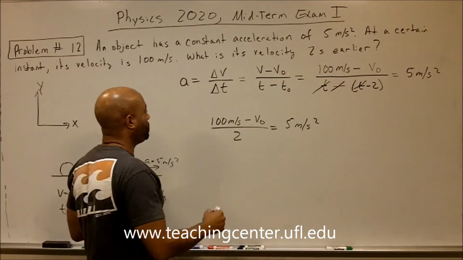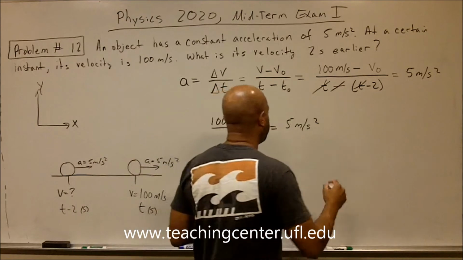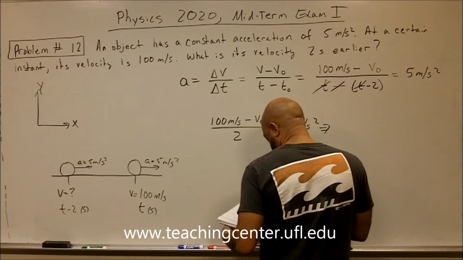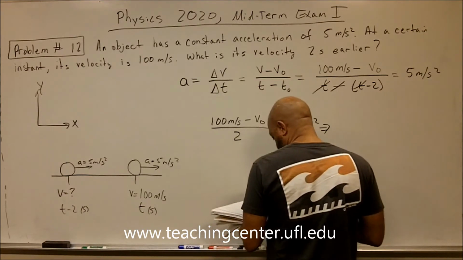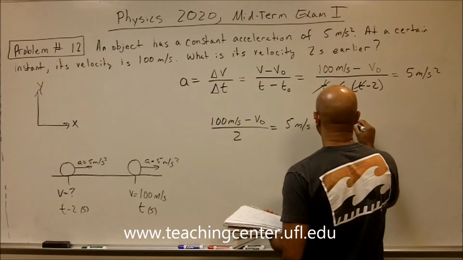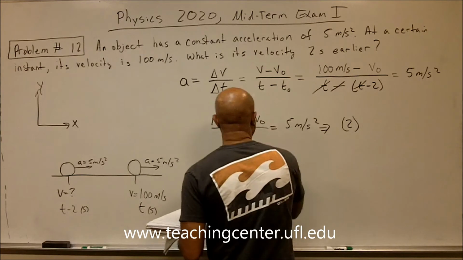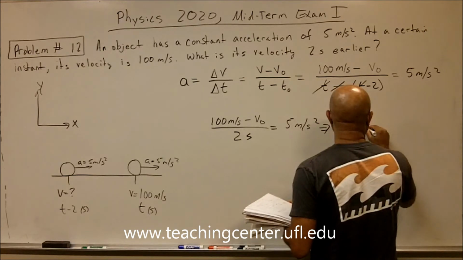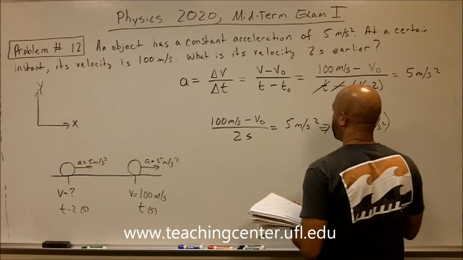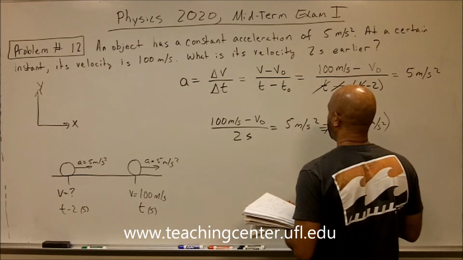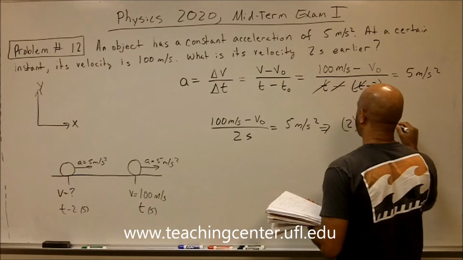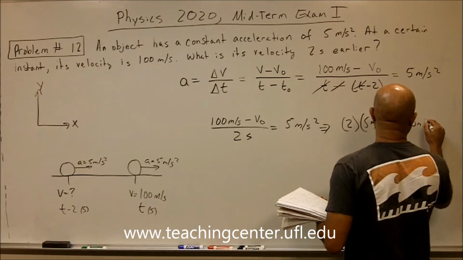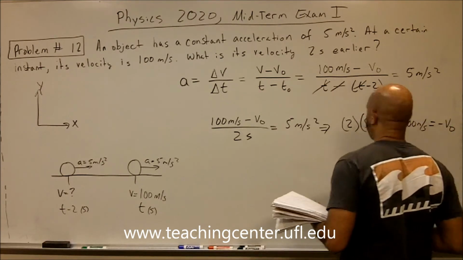All right? And now solving this equation for the initial velocity, we get 2 seconds times 5 meters per second squared, and then minus 100 meters per second is equal to negative the initial velocity.